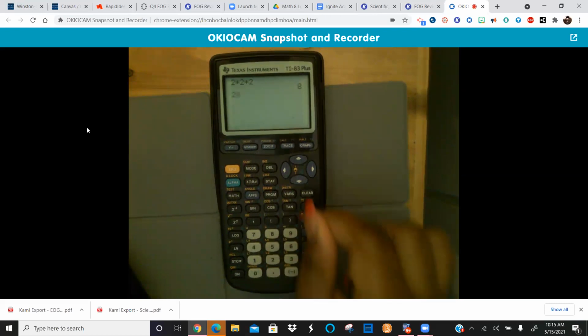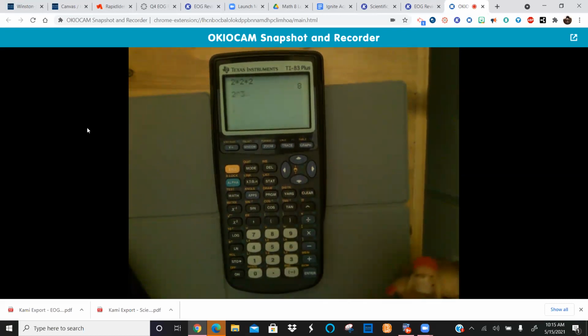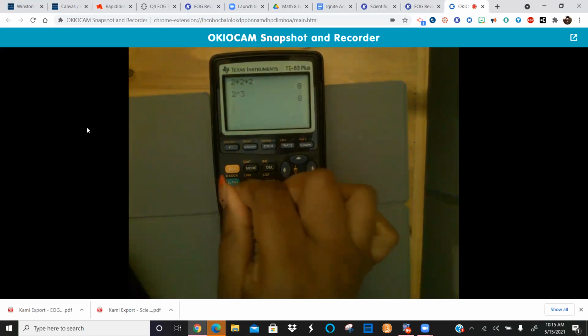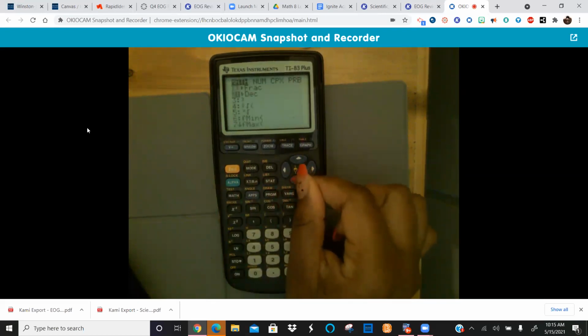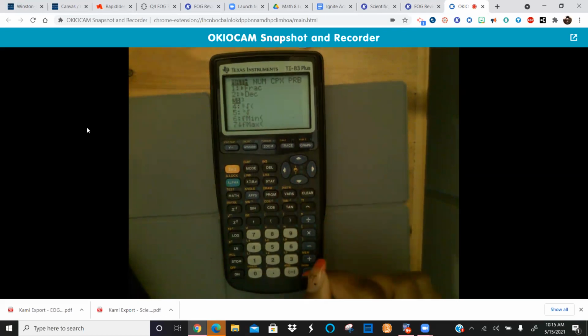You can do 2, caret key, 3. That's 2 to the third power. Or you can do math and go down to the third power right here. So there are different ways that you can type in to the third power. Are you okay with that? Yes, ma'am. Okay. All right.